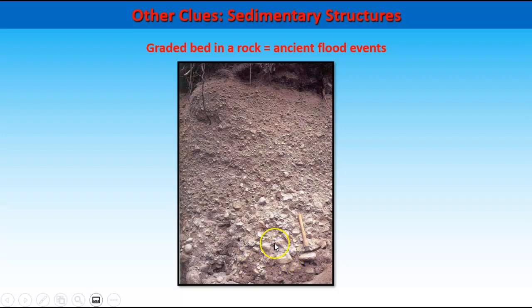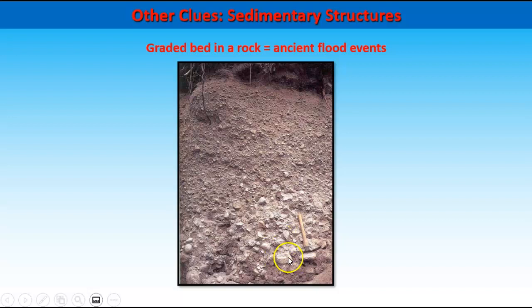One of the things we'll talk about is that rounded pieces are a good indication of water, because the argument is that when things break, they're pretty angular. And as they are transported or moved, they become more rounded as they move farther from the source. And usually something that moves material long distances is water, so rounding indicates water transportation.